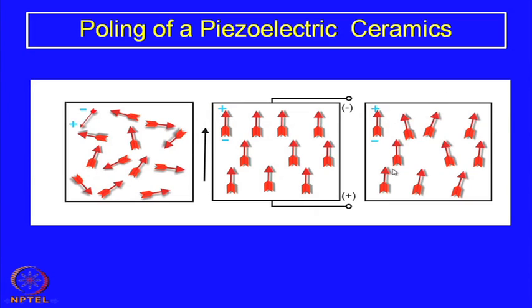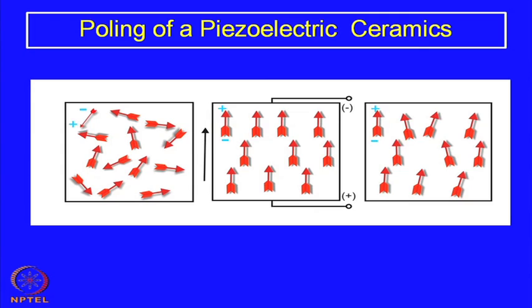If the value of the remnant polarization is not that high, then it may change over to its original position very quickly. In piezoelectric materials the remnant polarization is mostly quite high, and therefore, even after removal of the applied field, the dipoles tend to remain oriented in the direction of the applied field which was applied for the poling.